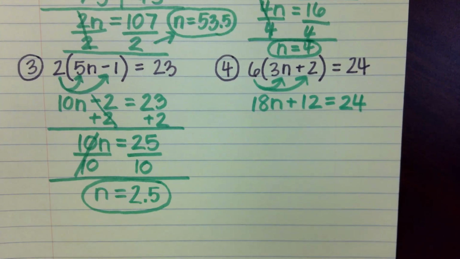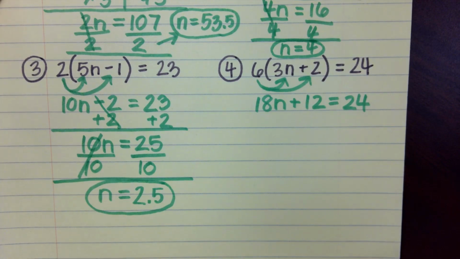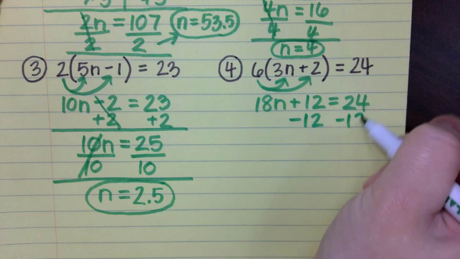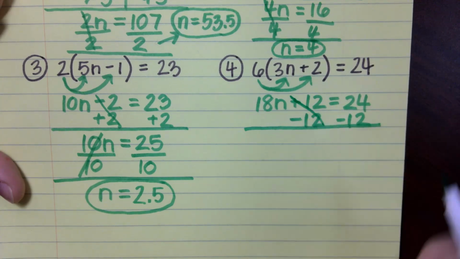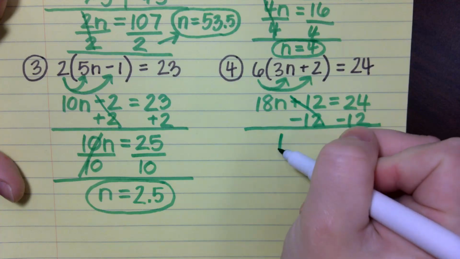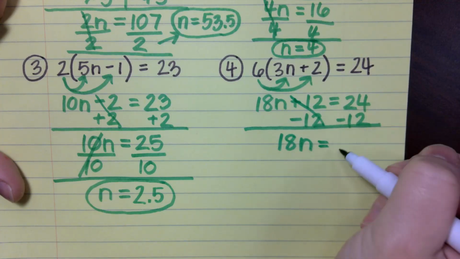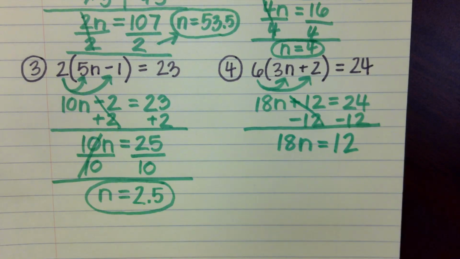All right, what's next? We're gonna subtract 12. Yes, subtract 12 from both sides. My 12s are going to cancel out. So I'm left with 18 times n equals 24 minus 12 is 12. All right, last step. What do we do?